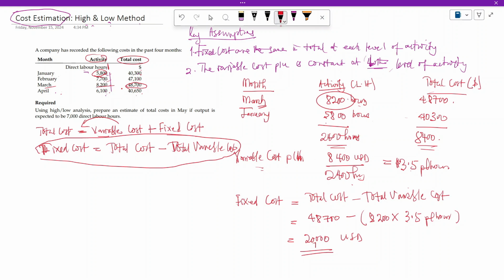Okay, but before we go to the question, let's try and write an equation just like how we wrote this.